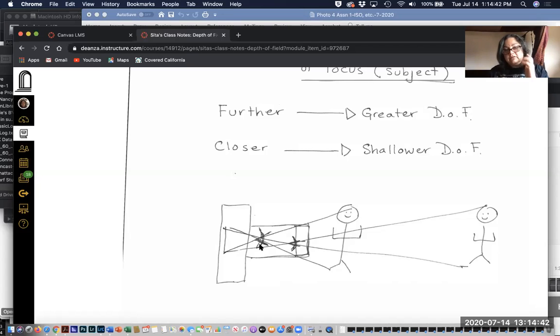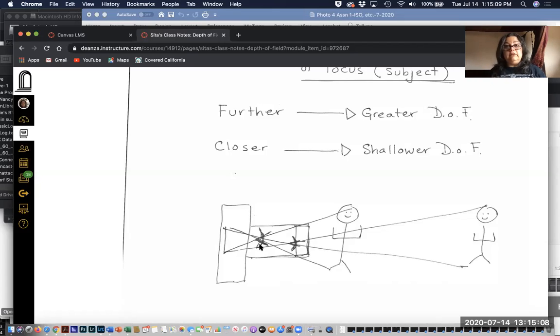And lenses have trouble, you might say, focusing on things that are closer. So check out your lenses and see what the closest point is that the lens will allow you to focus. You'll notice that closer than a certain point, you can no longer focus. The lens just won't focus anymore.